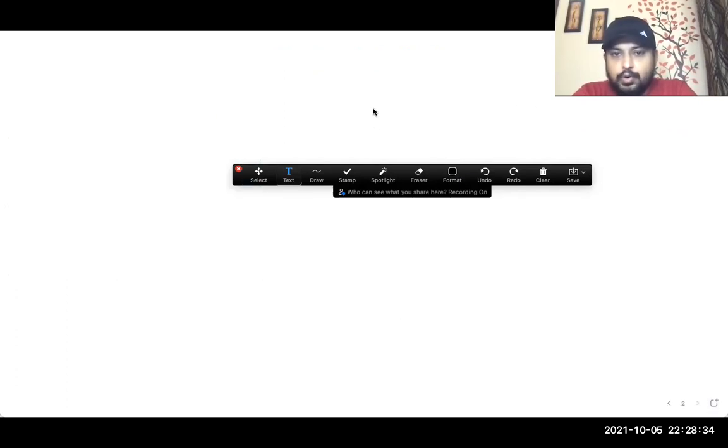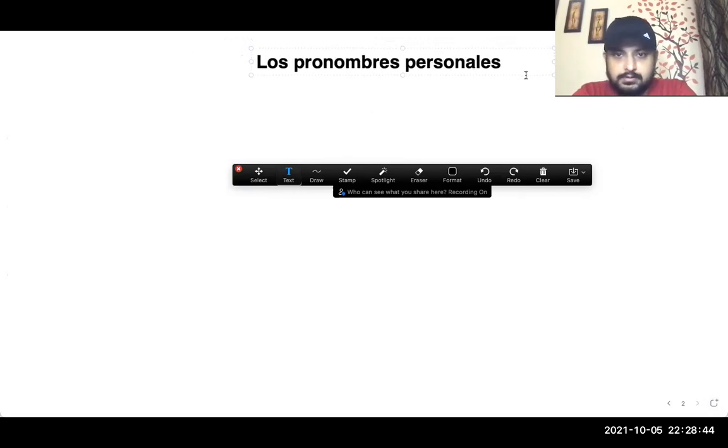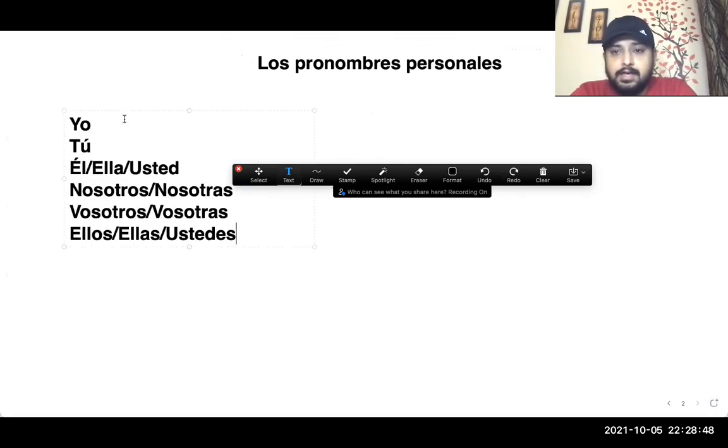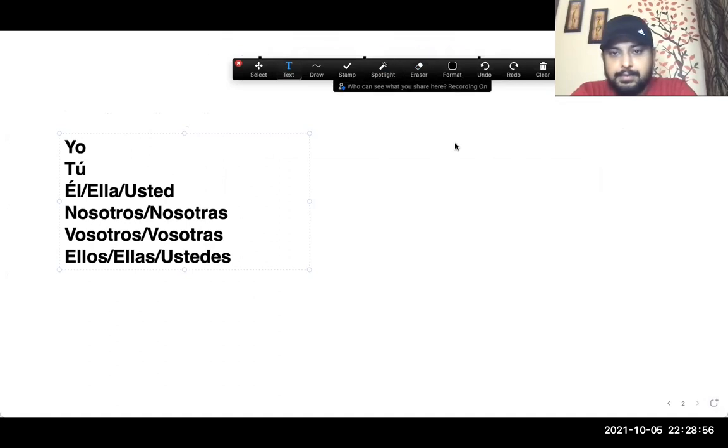So these are called los pronombres personales, or personal pronouns. What is the meaning of personal pronouns and where do we use them? Basically, these words indicate which person is doing the action. It can be any action.